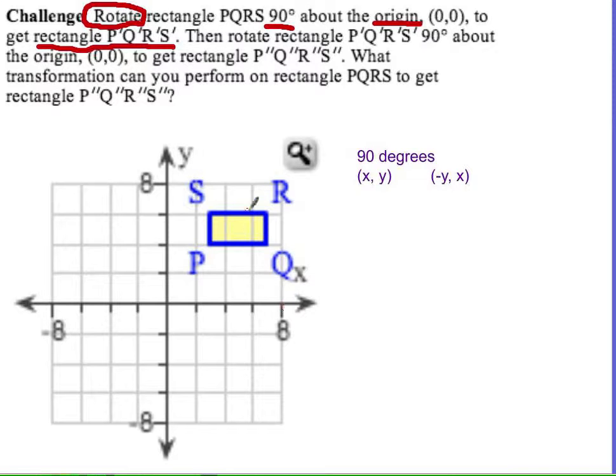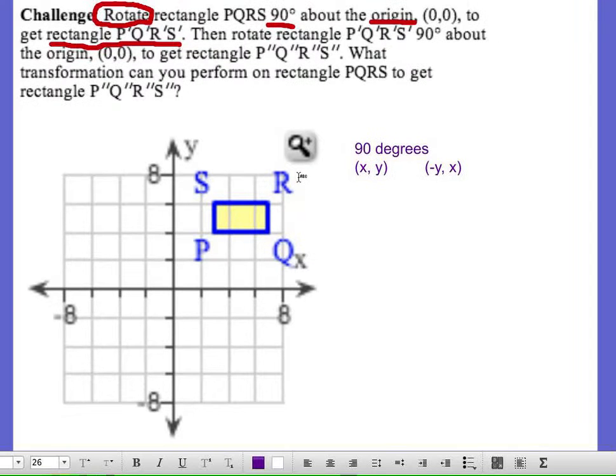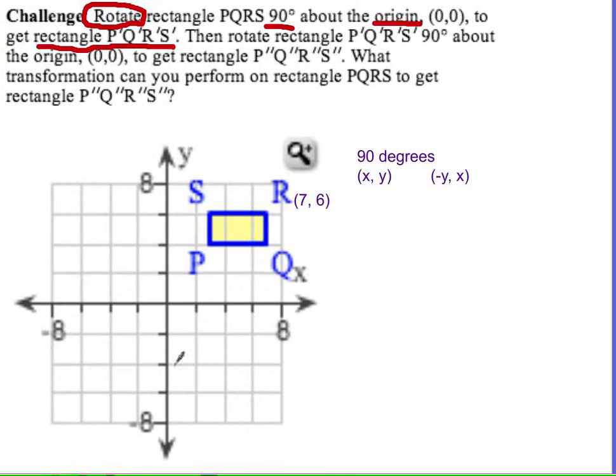So R is at 7, 6. So I'm just going to type that over here. R is at 7, 6. That means our new R would be at negative 6, 7. Negative 6, 7, which will be right here.